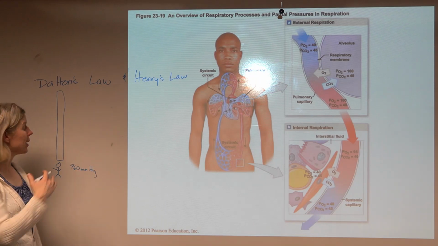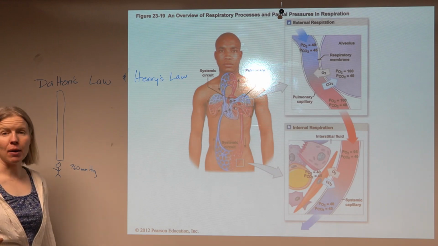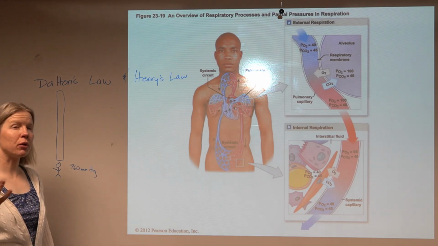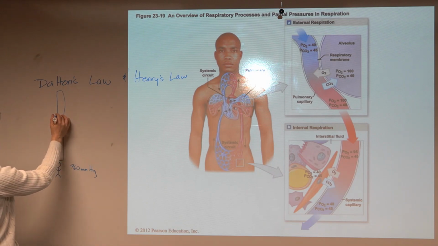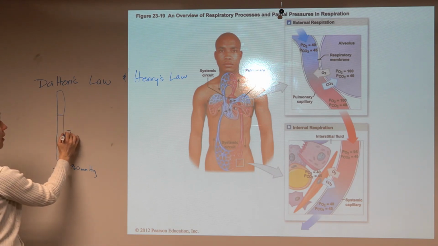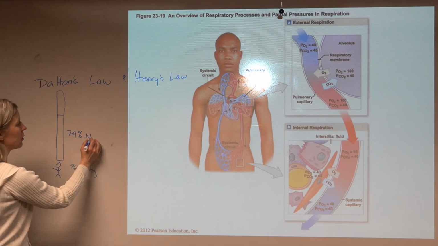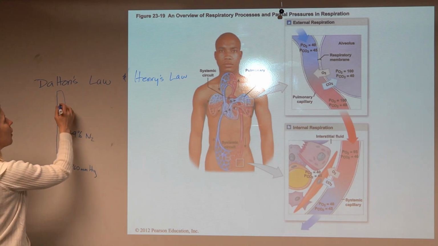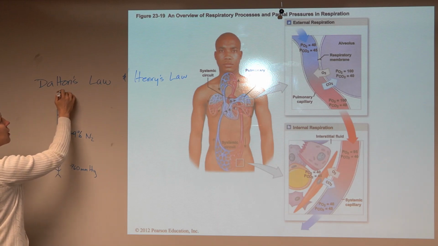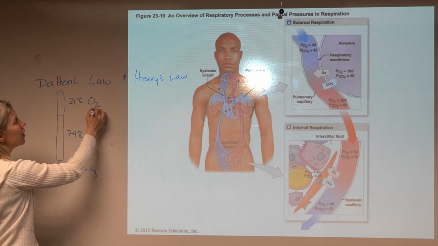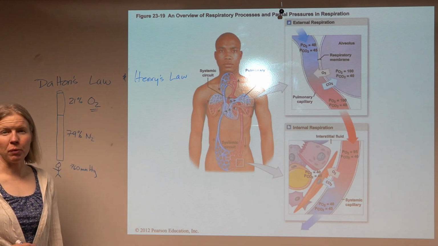Now, when we look at gas in the atmosphere, it is about 79% nitrogen, so almost 80, maybe actually N2. It is about 21% oxygen. This is, of course, the one we're going to be most interested in.